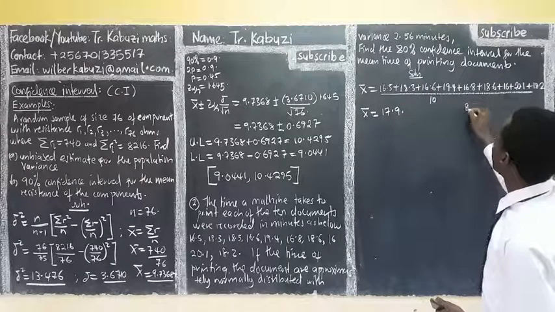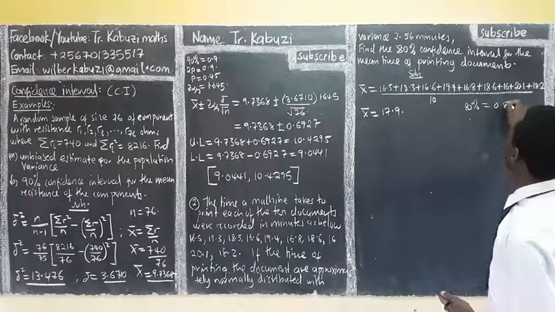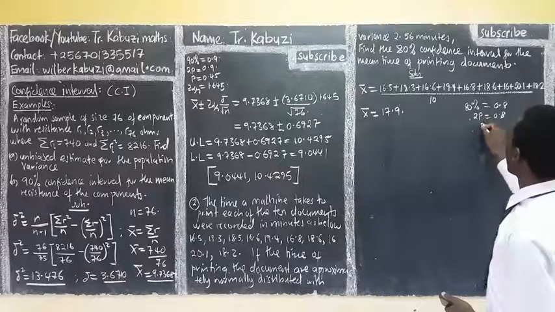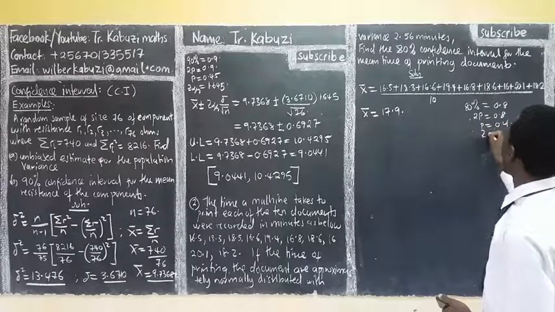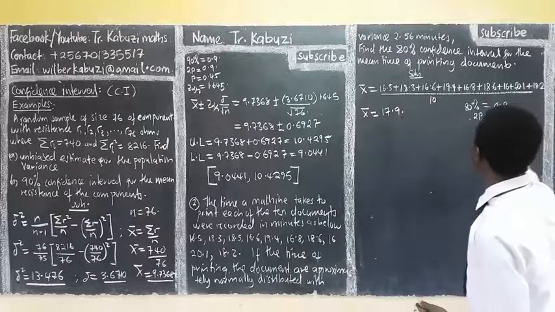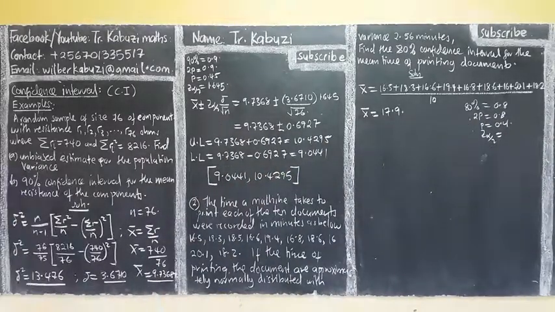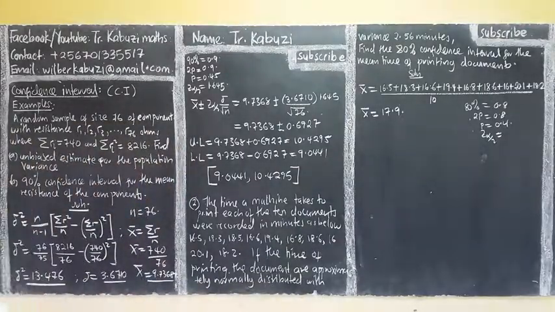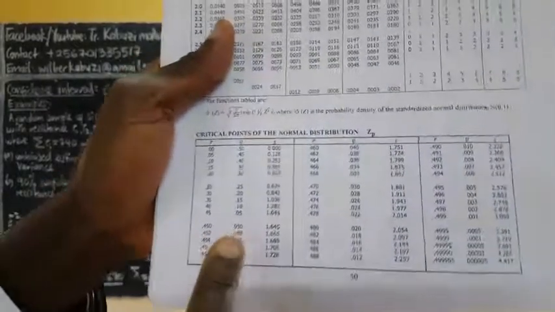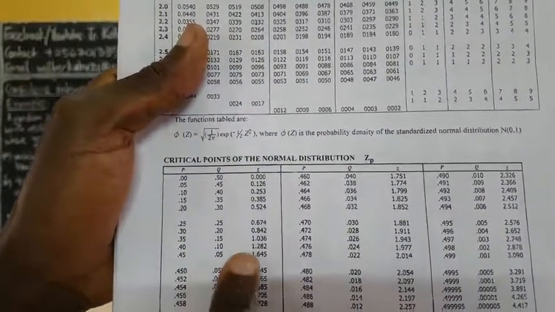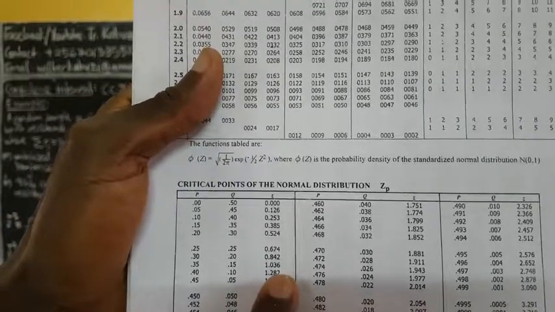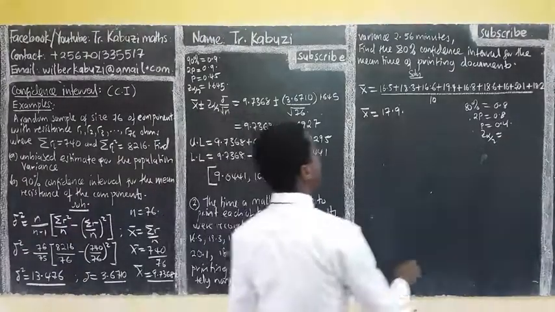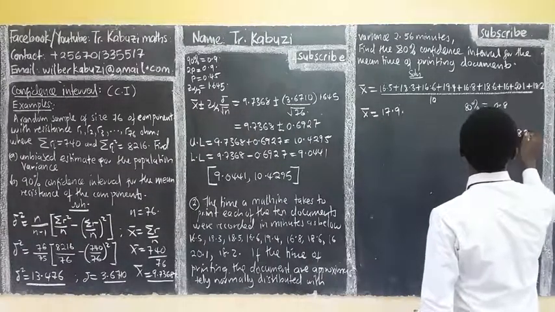Now they want the 80% confidence interval. This is the same as 0.8, so our 2p here is 0.8, and our p will be 0.4. Then our z alpha over 2 we read from the table. You see, we need the value when p is 0.4, and the value of z there is 1.282.